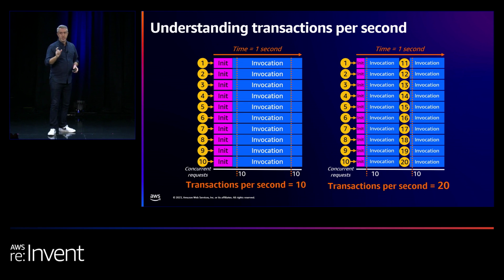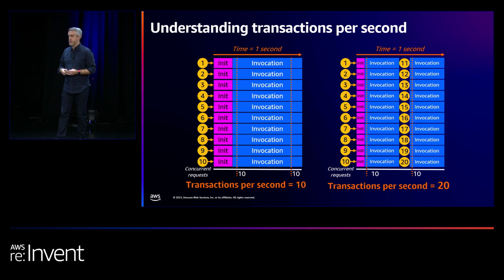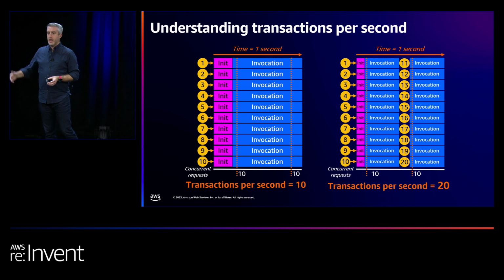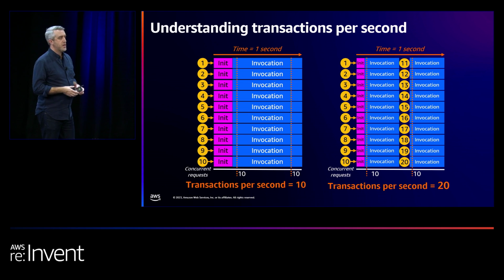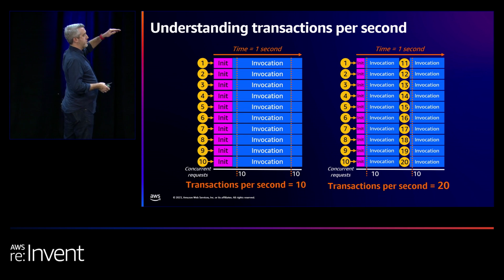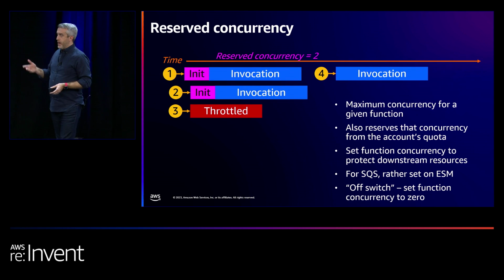And so again, performance here is a factor of concurrency and the time duration of your functions running, and that's what leads to the combination of what looks like TPS. So if I have a downstream service that I'm talking to, and they're going to maybe start throttling me at 15 TPS, I then have to think about that as a factor of the amount of concurrency that I want to allow to go to that downstream service. And so we have options for how you can control this.